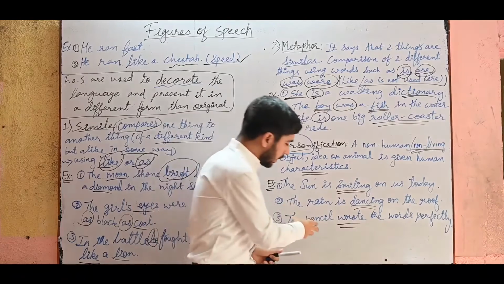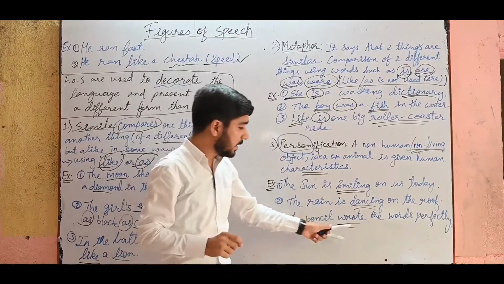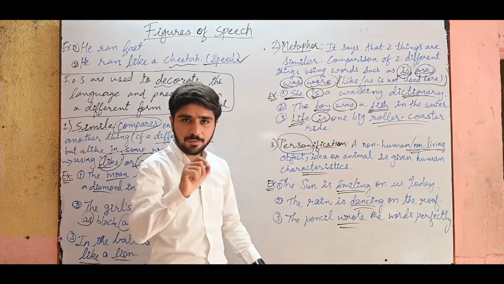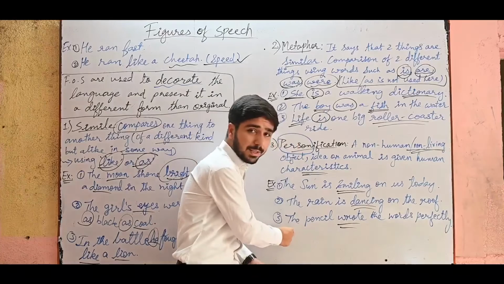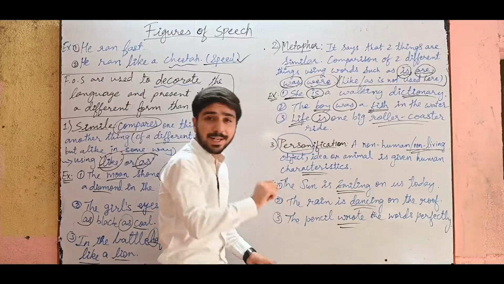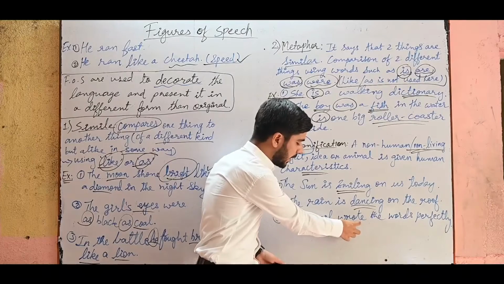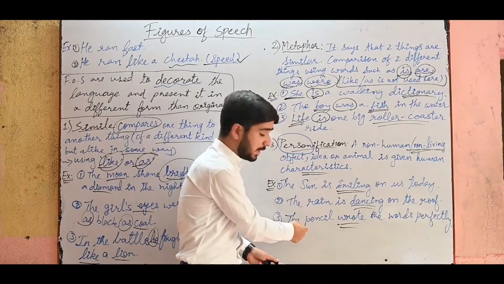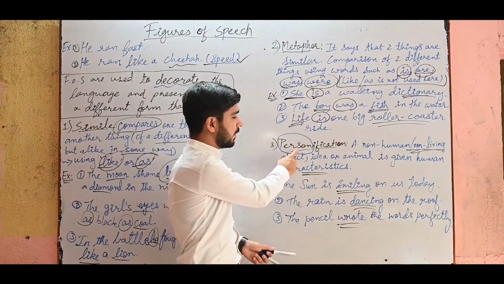The object being personified is the pencil. The characteristic given is writing. The writing of a pencil is done by a human being, so that quality is given to the pencil. That is not possible. The pencil cannot write on its own. So the object being personified is the pencil, and this is called personification.